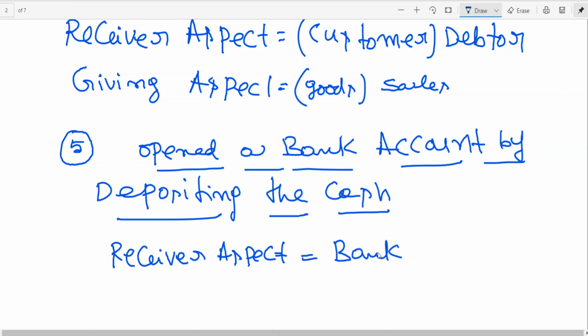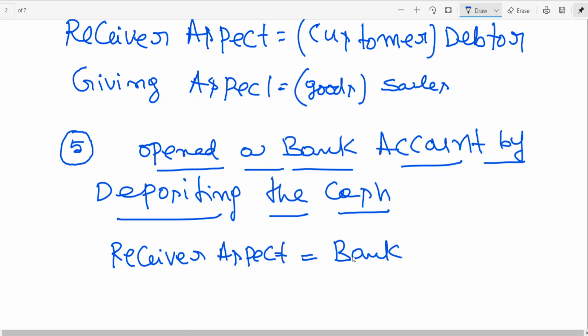If I have two bank accounts, one with SBI and the other with ICICI, I need to write SBI bank, ICICI bank. If I have only one bank, it implies the bank. No need to prefix or suffix the name of the bank. You need to prefix or suffix the name of the bank when you have more than one bank account.